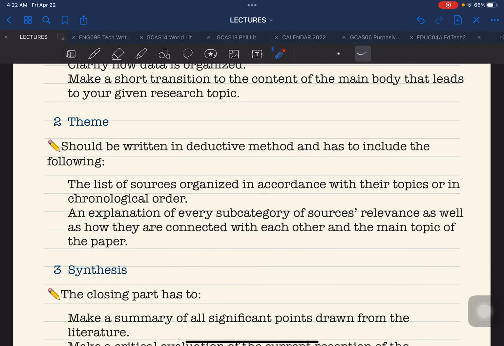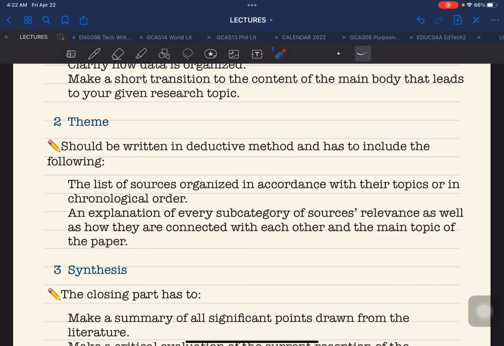Okay. The next one, again, the explanation of every subcategory of sources, their relevance, as well as how they are connected with each other and the main topic of the paper. So again, this will fall under the discussion of general to specific under deductive method.